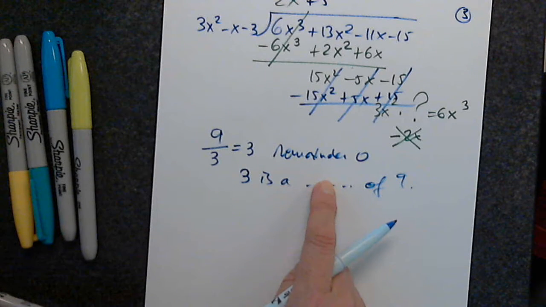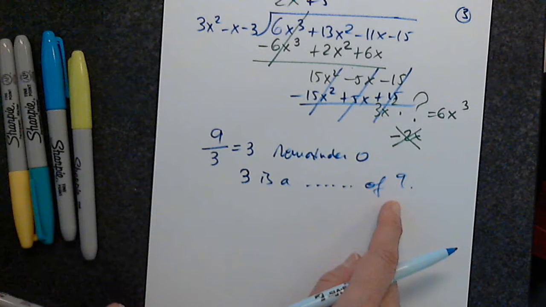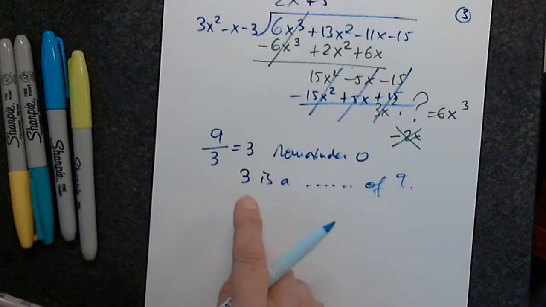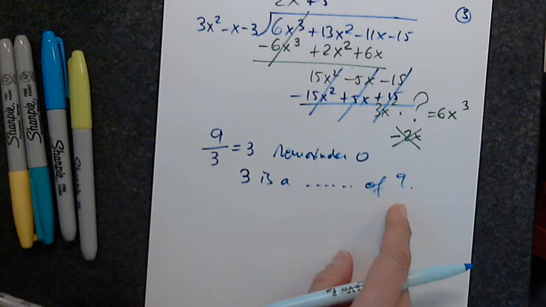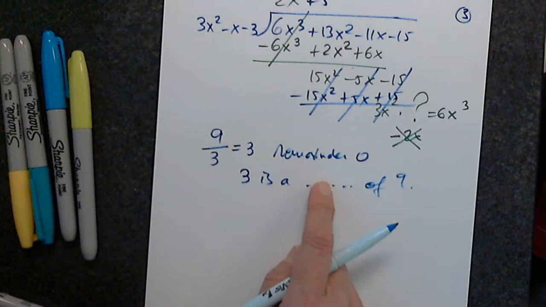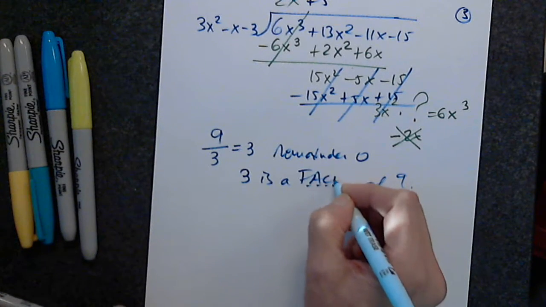Say it again. Close. But it's the other way around because 3 cannot be a multiple of 9, right? Yes, I can say that 9 is divisible by 3, but here I'm saying 3 is a of 9. What is the word I'm missing? It's a key word.